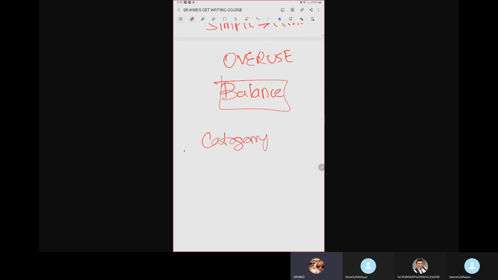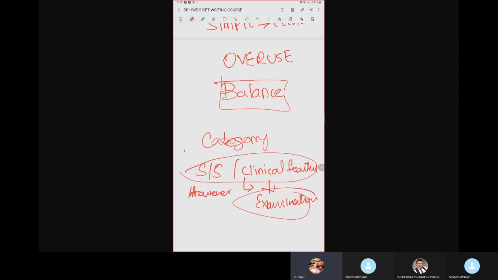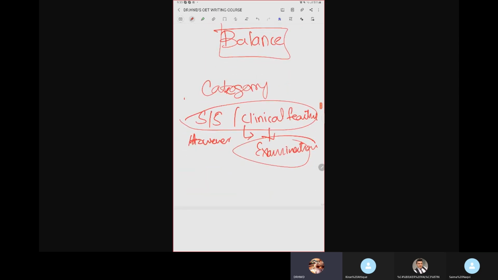For example, if you are writing the clinical features, and from clinical features you move to the examination, and there's a contrast in between, you would use however. This is one of the connectors. Anytime you're moving from one category to another, you use a connector. If you're moving from examination to lab reports, this is where you use a connector. If you're moving from lab reports to medicine, that's when you use a connector.